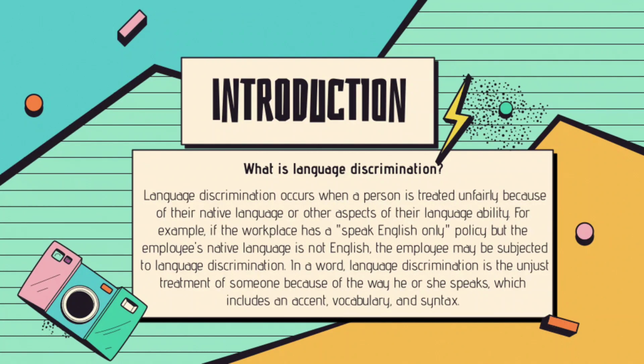For example, if the workplace has a speak English only policy but the employee's native language is not English, the employee may be subjected to language discrimination. In a word, language discrimination is the unjust treatment of someone because of the way he or she speaks, which includes an accent, vocabulary, and syntax.